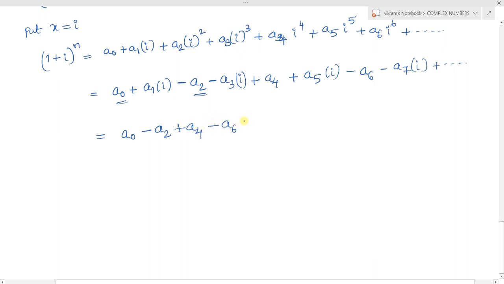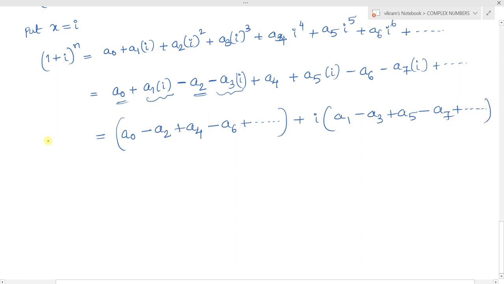The even coefficients with alternating signs are obtained. If we take iota as common for the imaginary part, we get a1, minus a3, plus a5, minus a7 and so on.